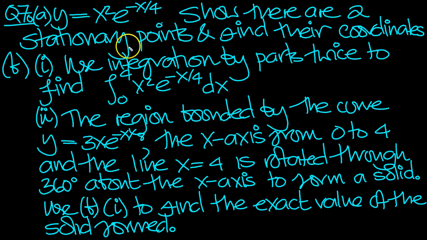So part A, first of all, two stationary points for this part here. x squared e to the minus x over 4.